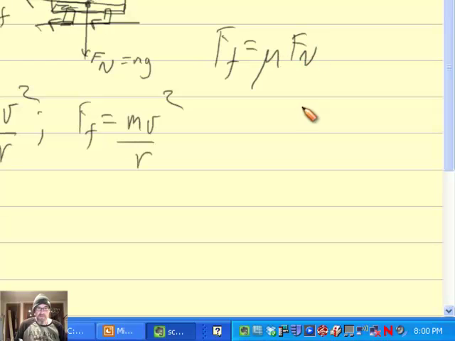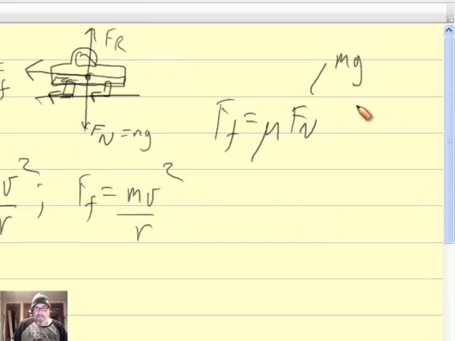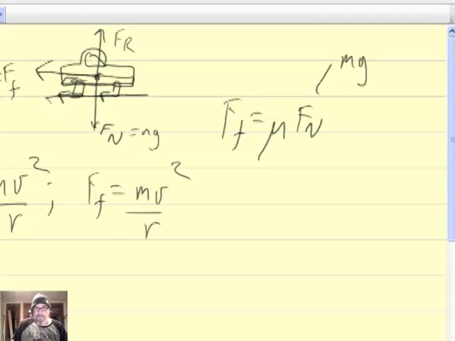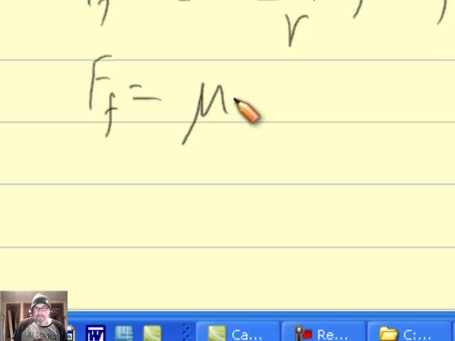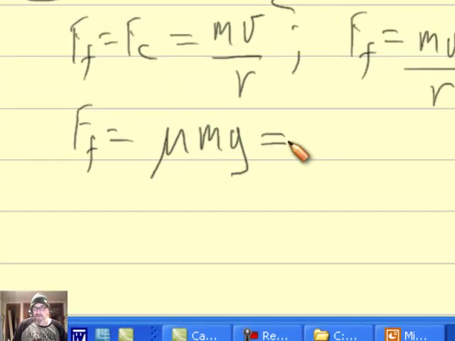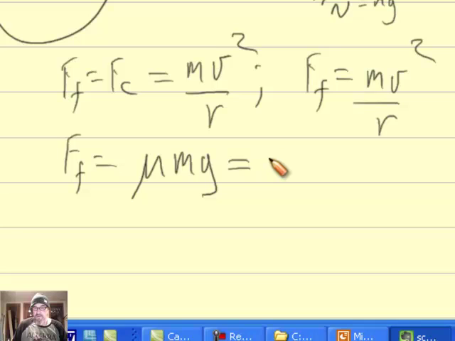But force normal is m times g. So let's take all that information and put it together. Force of friction is mu times m times g. But that's also equal to the centripetal force, which is mv squared divided by r. So it turns out that mass doesn't matter.